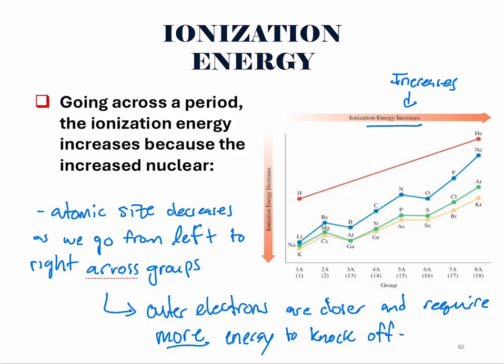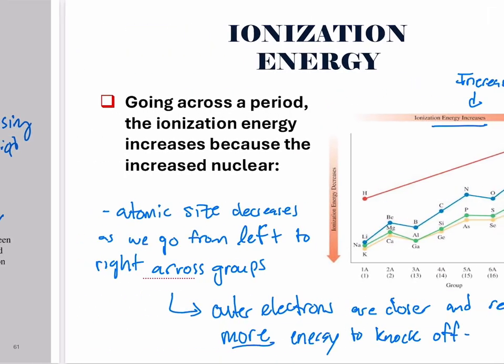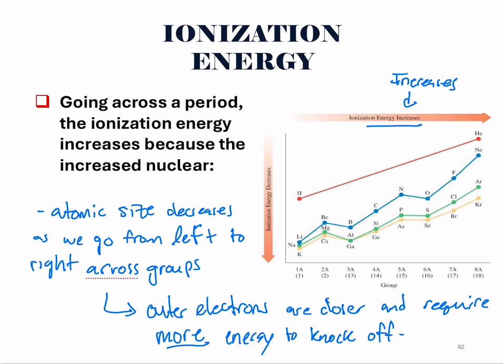As the outermost atoms get closer to the nucleus, they require more energy to knock off. And so you see that there tends to be a general trend, right? But there's these little anomalies here. So these anomalies, actually, that's on the next slide, so I'll wait till you guys are done writing this.